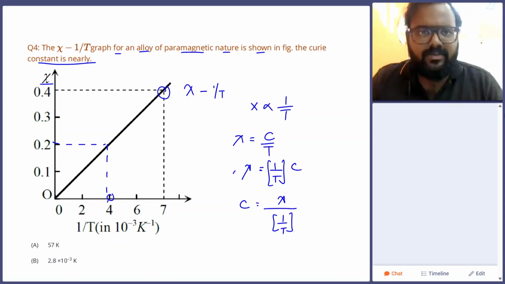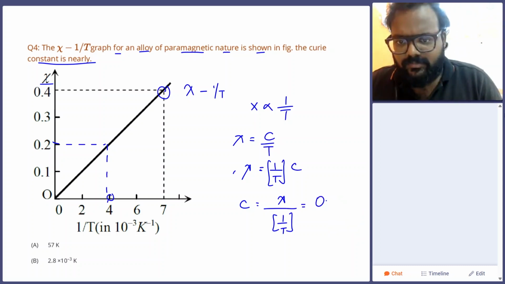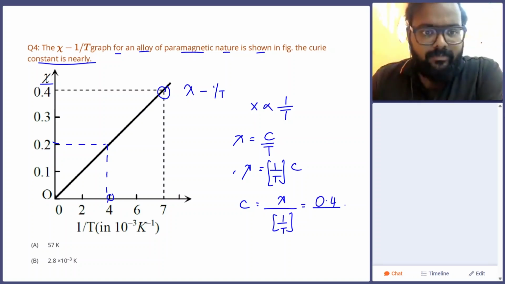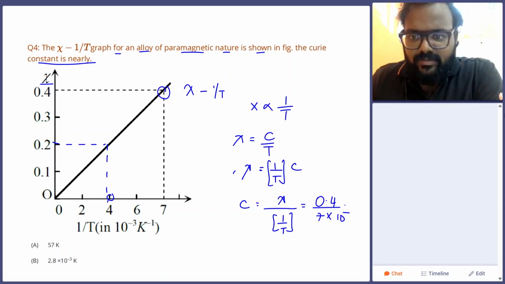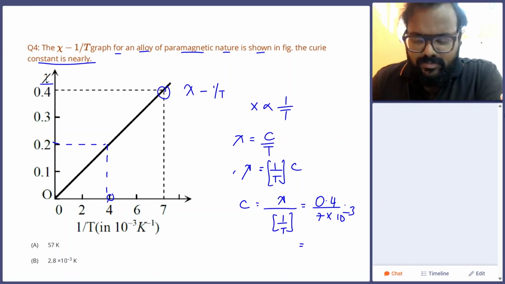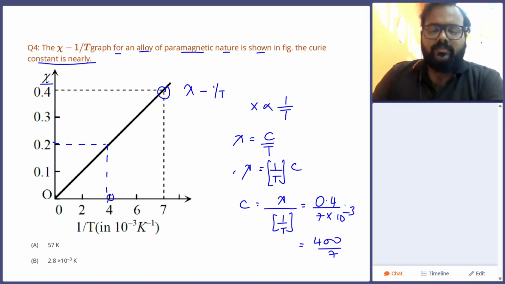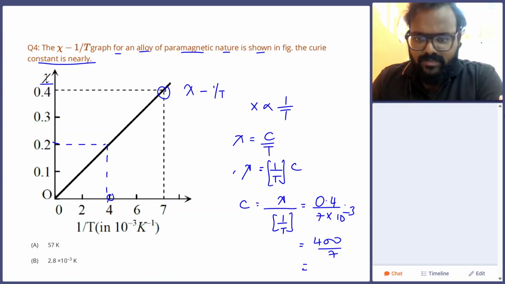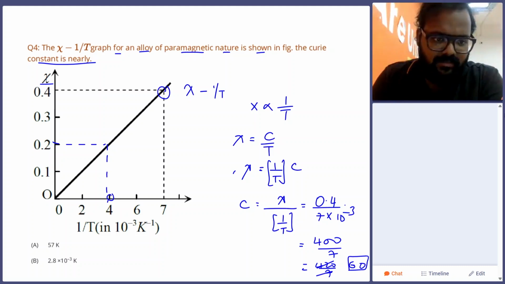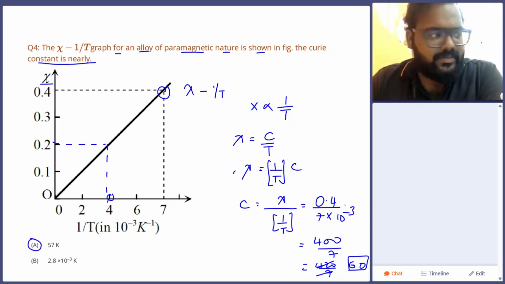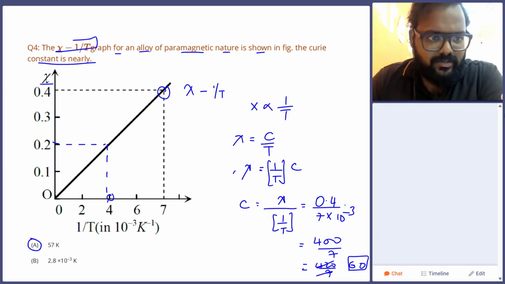So if you take 0.4 divided by 7 into 10 to the power minus 3, it should be 400 over 7. 400 over 7 is almost 60, because 420 over 7 would be 60. So it will be a little less than 60, which is 57. Alright, that's it. One important thing is it's chi over 1 by T, it's not chi into T.